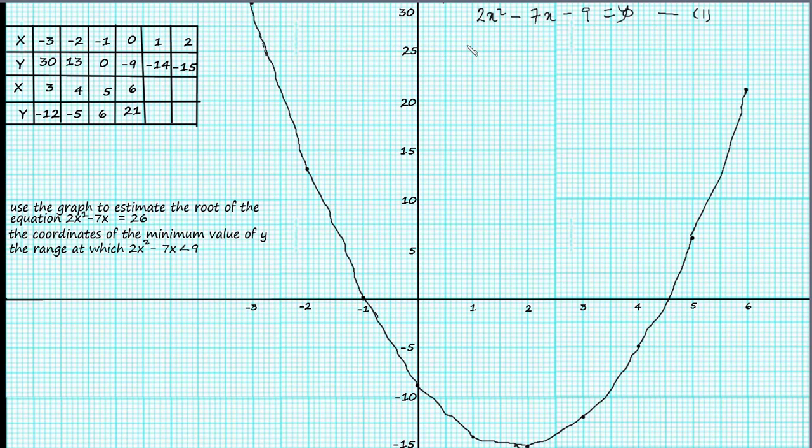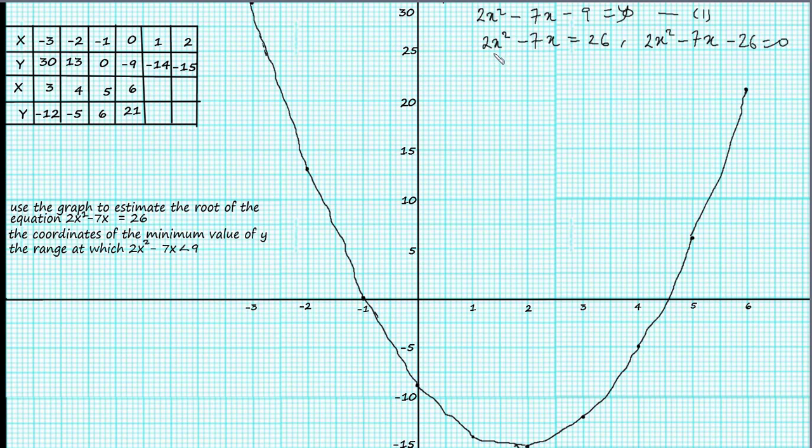So we are now saying that we should use this graph to estimate the value of 2x squared minus 7x is equal to 26. And this is still the same as when you have 2x squared minus 7x minus 26 is equal to 0.